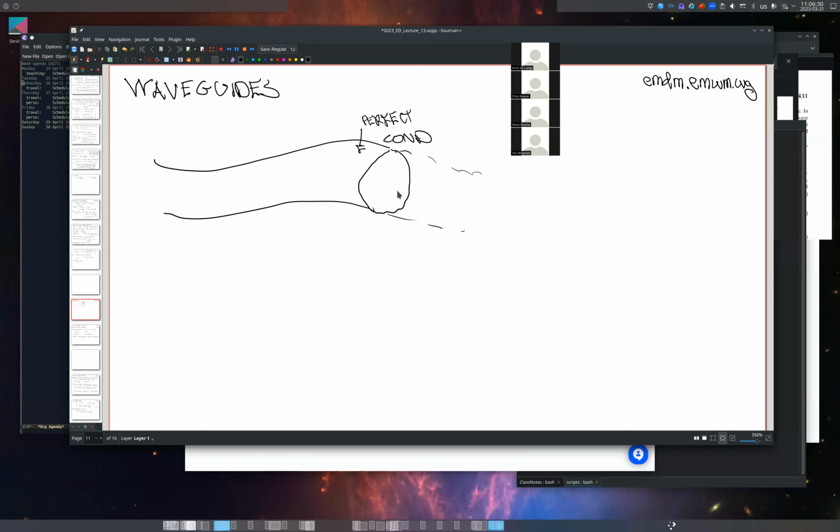But we can focus on the inside, because our objective is to propagate electromagnetic waves in a directed fashion in such a contraption. So we're going to look at solving Maxwell's equations inside such hollow constructions bounded by perfect conductors.